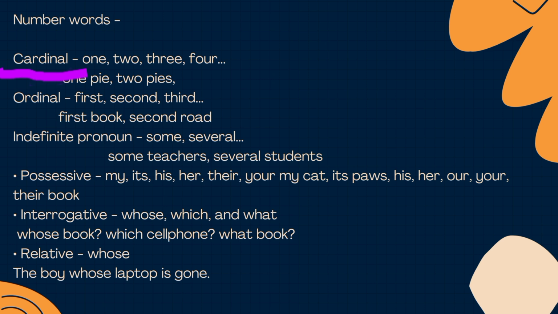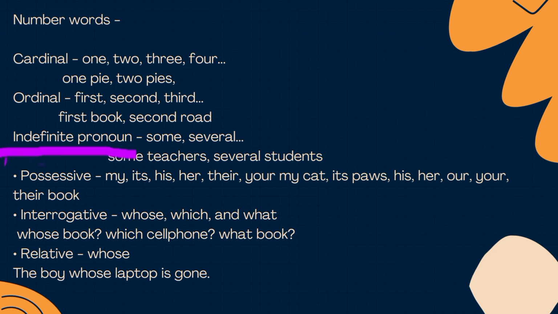For example, 1 pie, 2 pies means there are exactly 1 pie or 2 pies. Ordinal: these indicate position in a sequence like first, second, third, etc. They tell us the exact order of something. For example, the first book means the book that comes first in a series or list.